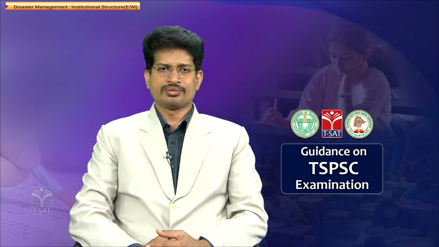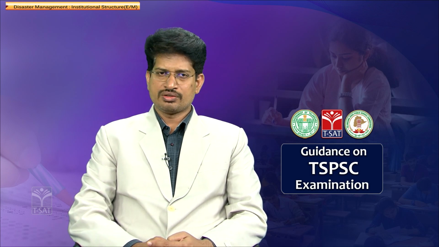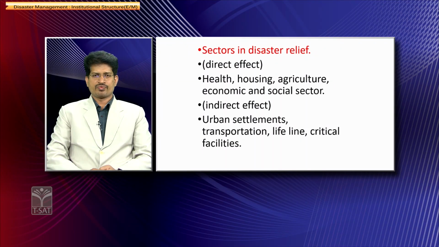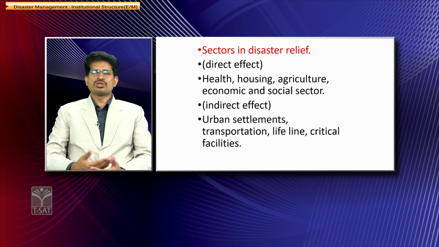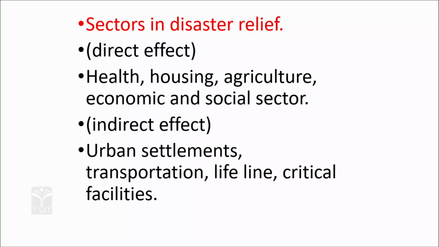So, for example, health directly impacts you physically, housing directly impacts you physically, agriculture, the availability of food is impacted, economic activities, and the social sector, when you lose a job, which you have observed in this pandemic. A social sector is family. Many people died, the heads of families died.